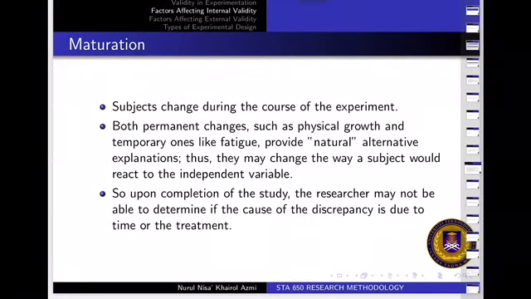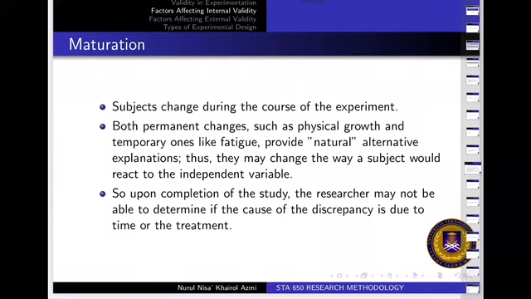Maturation, okay, subject change during the course of the experiment. So this is quite common lah, when you do the research under natural setting. Both permanent changes such as physical growth and temporary ones like fatigue provide natural alternative explanations. Thus, they may change the way a subject will react to the independent variable.